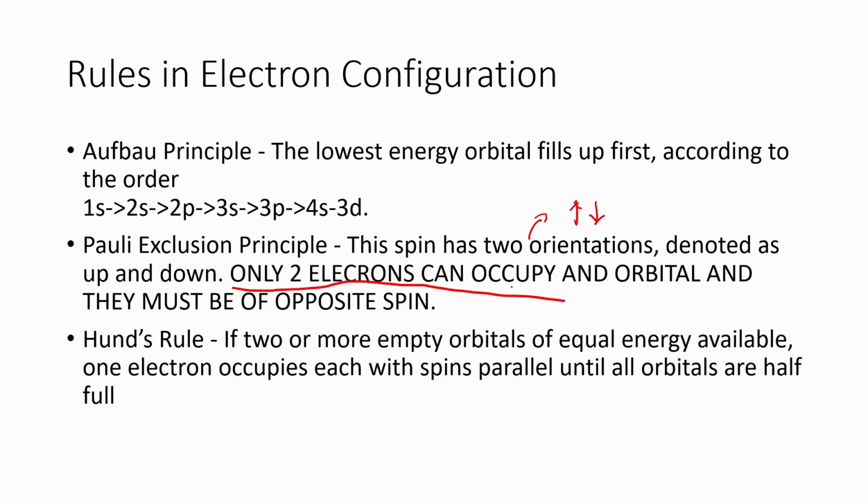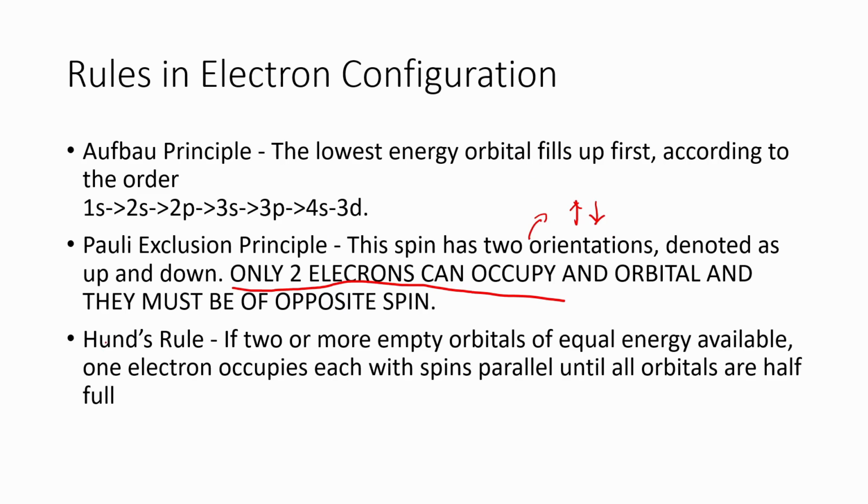It is not possible for three to occupy. Four, not possible. Zero, yes, there could be an empty orbital. You can also have a half-filled orbital which only has one electron, but never three, never four. And they must be of opposite spin.